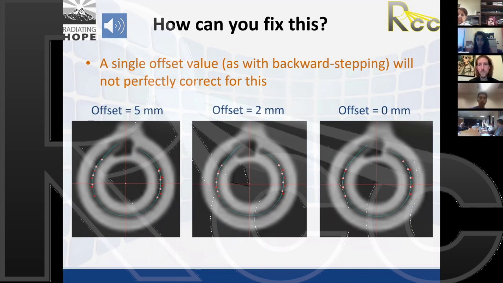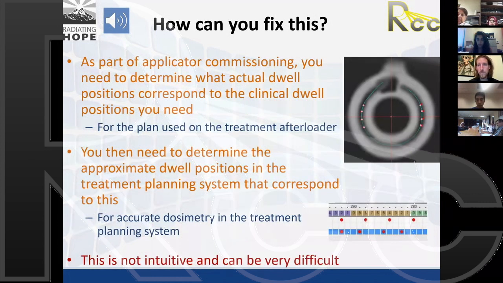Really, the only way you can fix the problem of incorrect dwell positions without an applicator model is during applicator commissioning. So as part of the applicator commissioning process, you need to determine the actual dwell positions that correspond to the clinical dwell positions you're going to need for your patient treatments. So this is what you need to put in a plan that is used on the treatment afterloader.